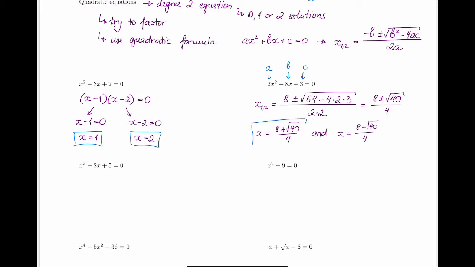If you would like, you can most definitely compute the decimal approximations of both of these numbers. So for example, if you were to sketch this on the line, it's probably better to know approximately where these numbers lie. But for all the other purposes, these expressions are better because they are exact. What the calculator will give you is an approximation. Those are the exact expressions that correspond to the two roots of this equation.